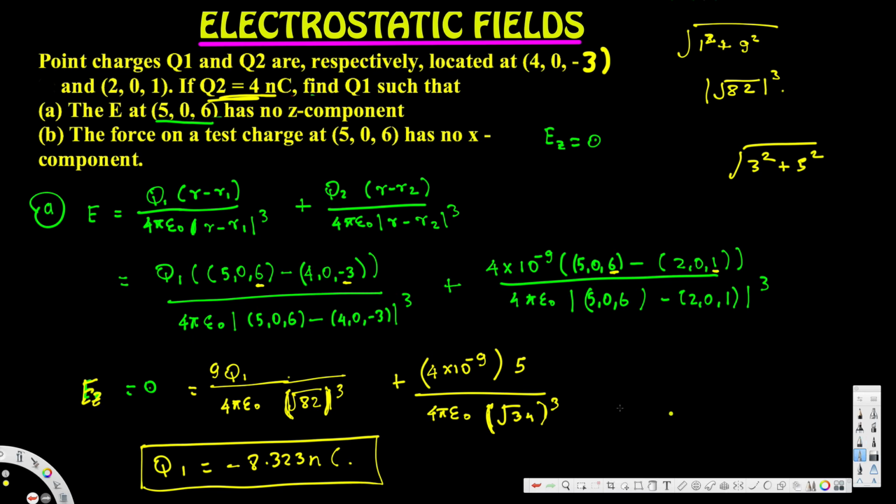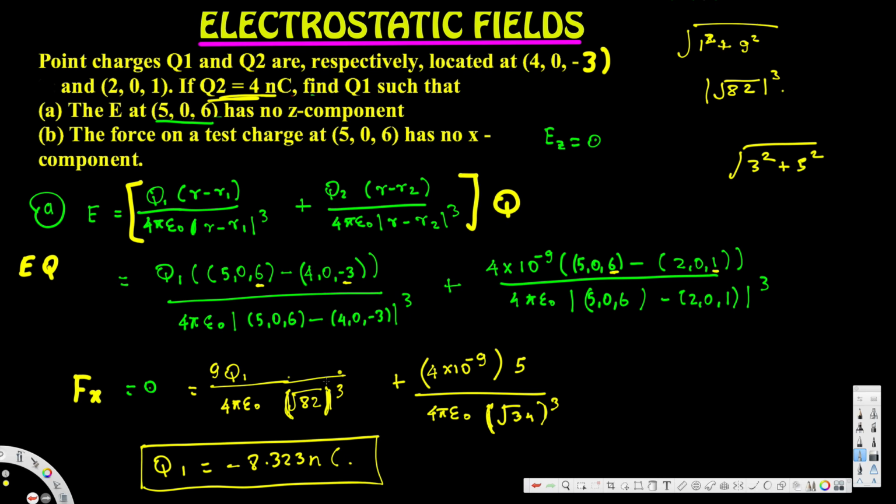So here we are going to have what? Instead of this Ez, we are going to have actually Fx, because this is force. But force is not much different from E. If you multiply E by Q, that's going to be the force. So the force is basically this whole thing multiplied by Q, right?